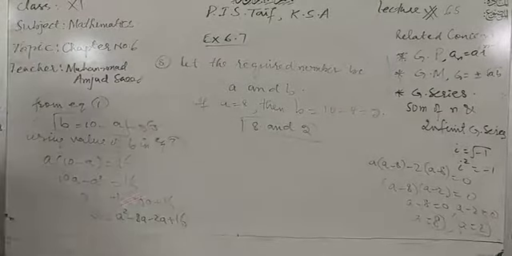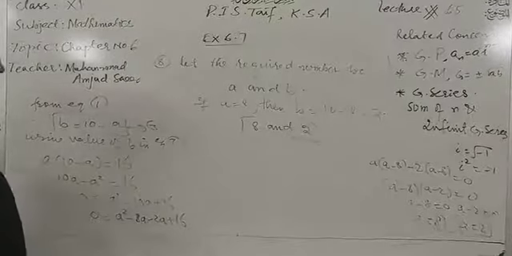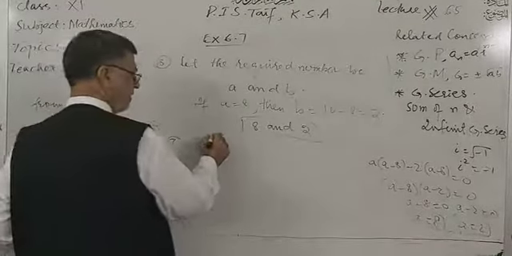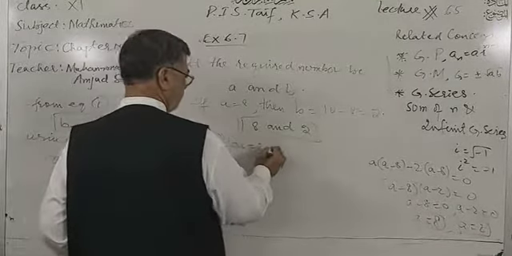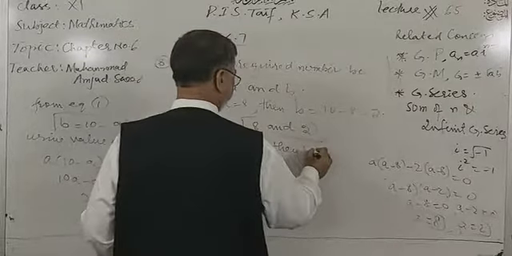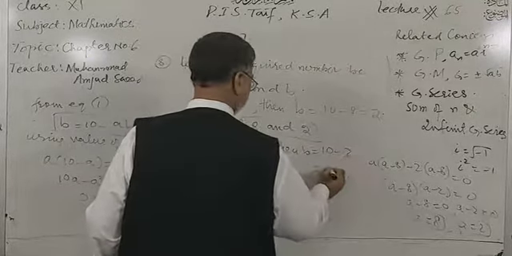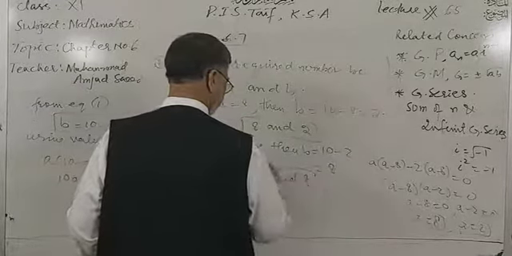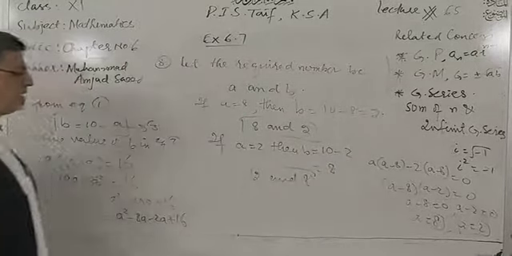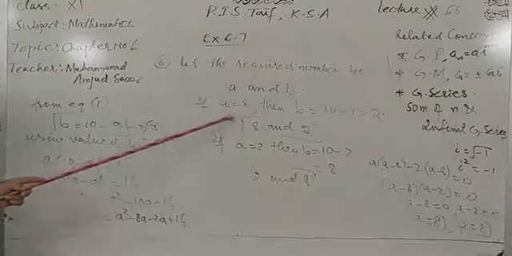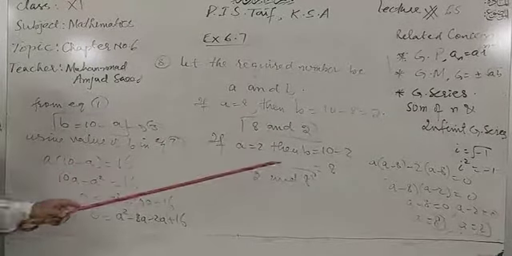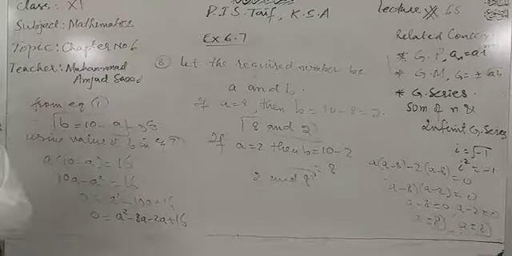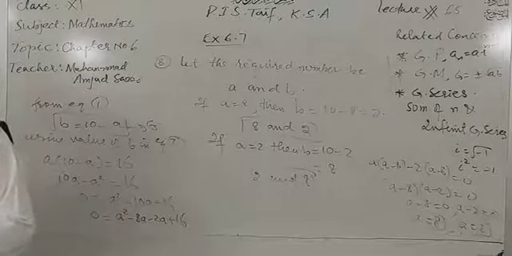After that, if A is equal to 2, then B is equal to 10 minus 2, that is 8. 2 and 8. Dear students, these are the possibilities. The numbers may be 8 and 2 or 2 and 8. With this question, our exercise 6.7 is finished.